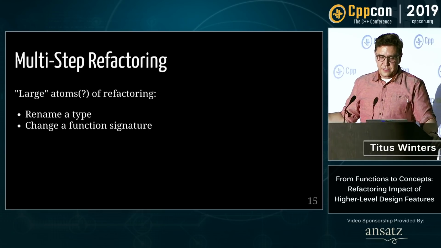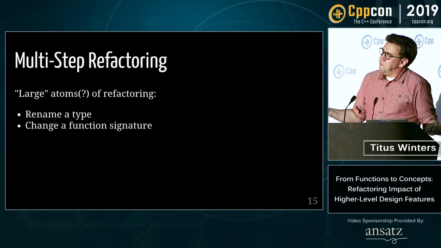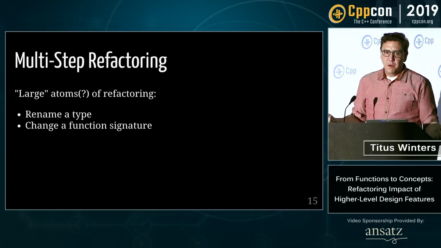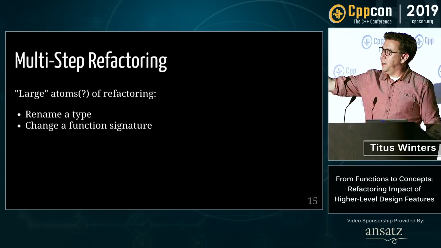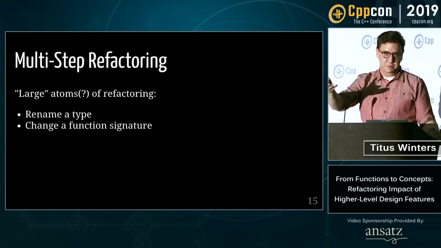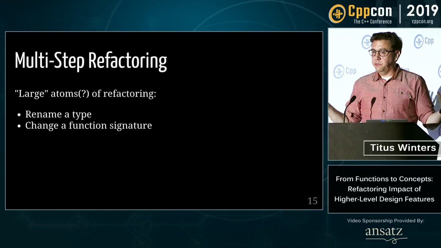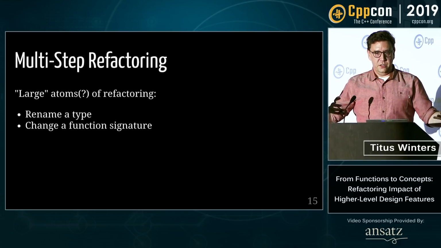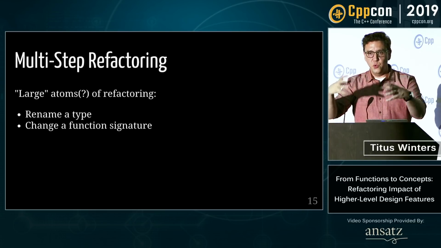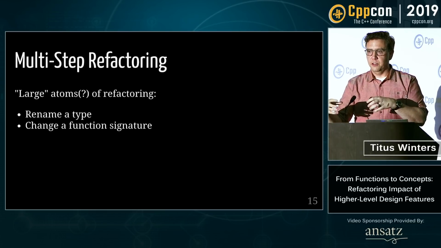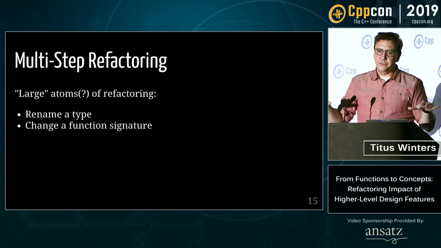Other operations might be atoms, I don't know. In some scenarios, renaming a type, like the std::vector example, could still be considered atomic if the usage of vector is small enough that you can do that as a single step, right? And so these sort of have a different flavor.